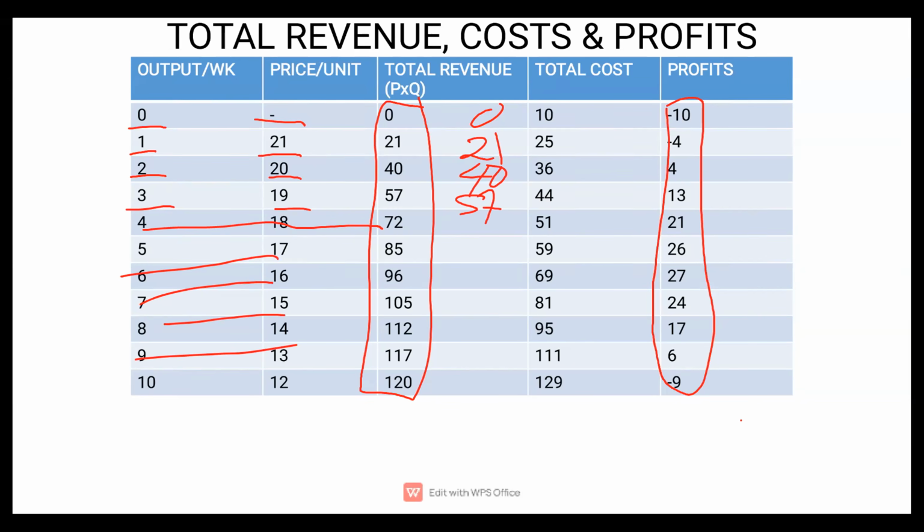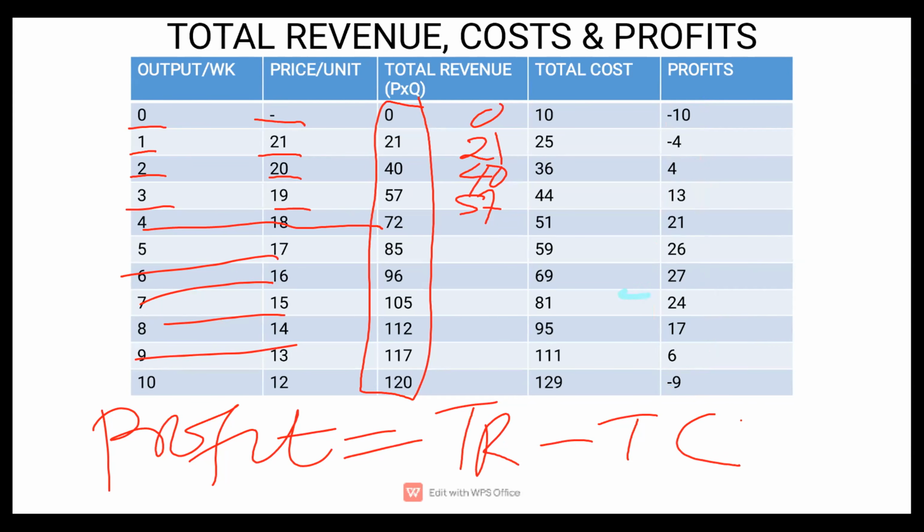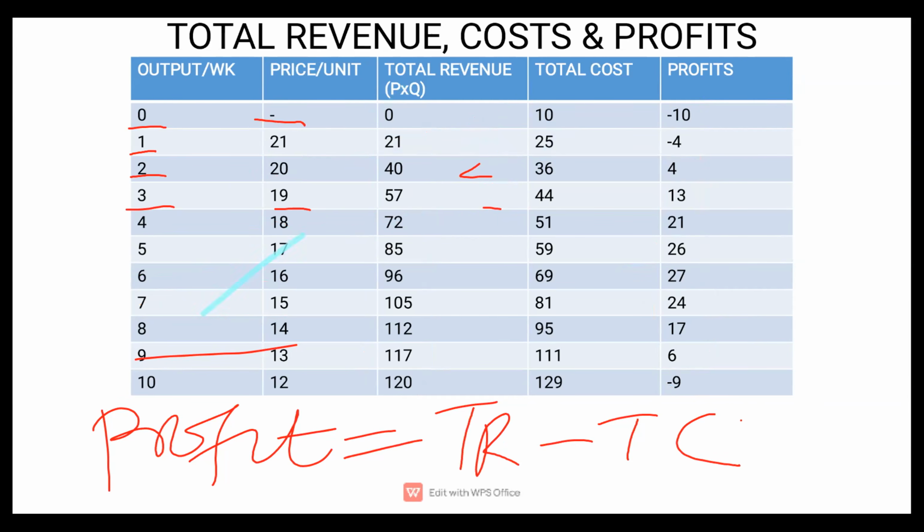Total costs, then profit. How do you find profit now? They say profit is always the difference between total revenue minus total costs. Get this one? This is very crucial, important. You need it. We are saying that total revenue minus cost gives us what? Profit. That's how we find this schedule for profits. We just subtract total revenue minus what? Minus total cost.